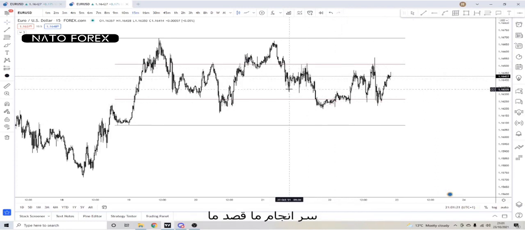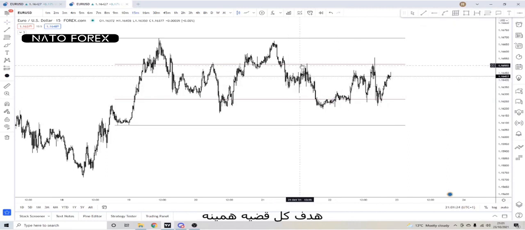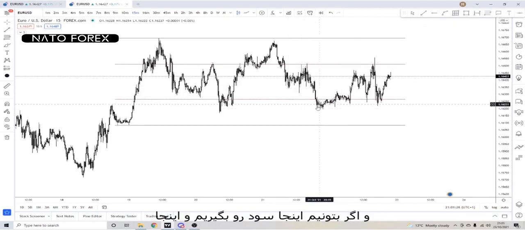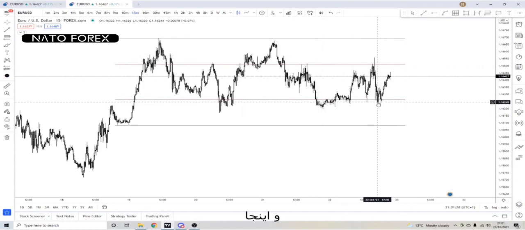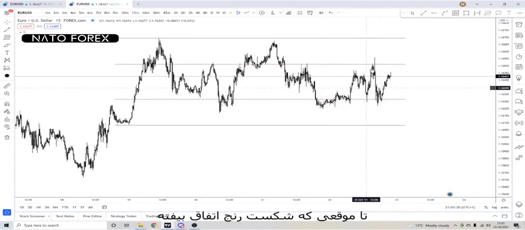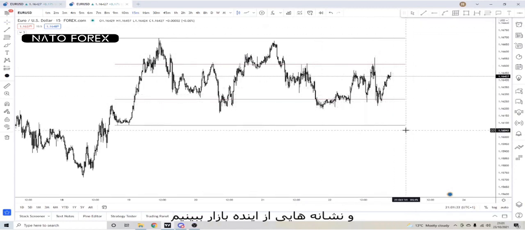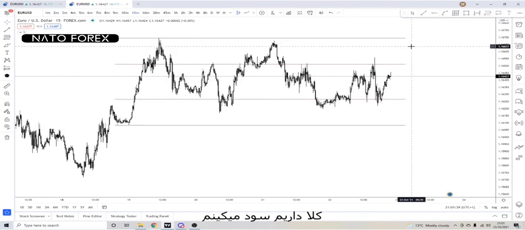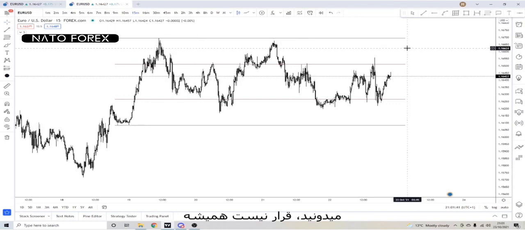At the end of the day, we want to be making money. That's the whole point of this. So if we can start banking profits here and here and here, until we get the breakout and we get some confirmation of what's going to happen, then we're making money. It's not always about hitting 100R, hitting 50R.